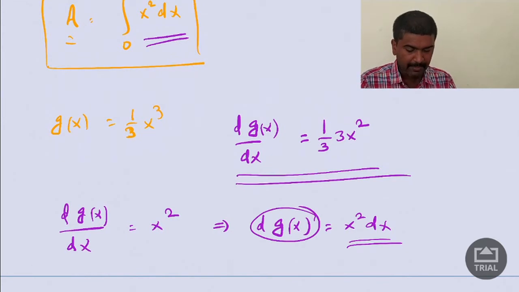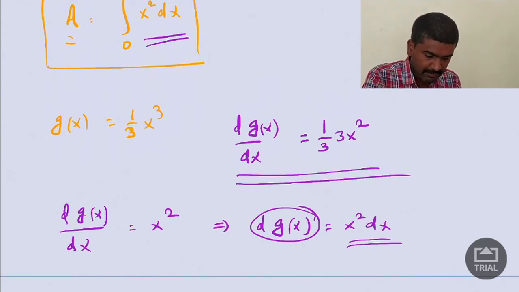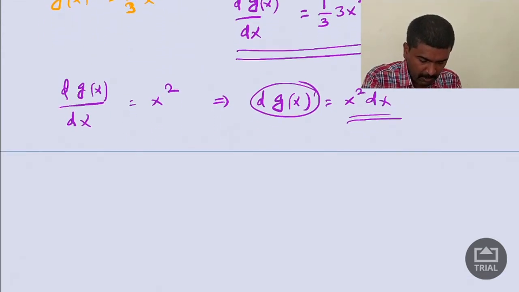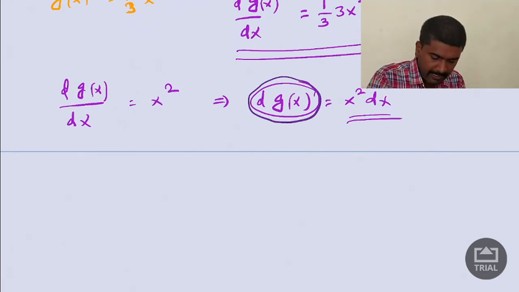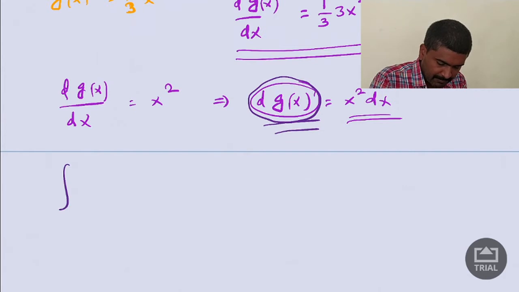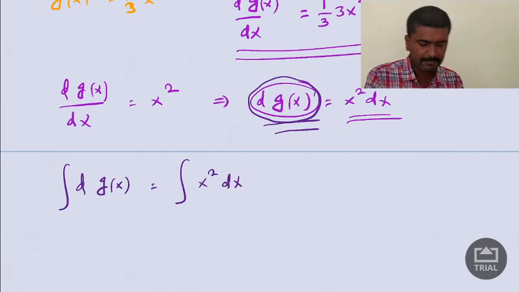So that is this one. Now if I sum all, this is the small area under the x square curve. When I integrate this one, I get integral dg of x equals integral x square dx.